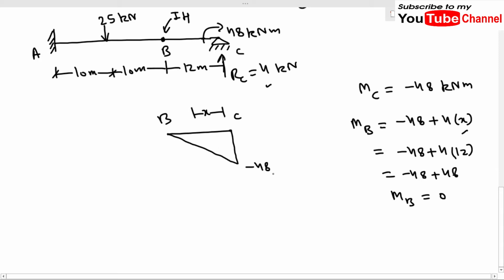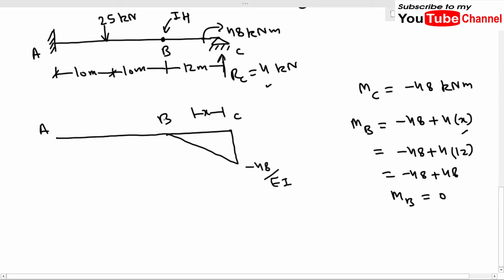Okay, as we usually do, we divide it by EI to change it to M by EI diagram. Okay, now let us draw the bending moment diagram for the remaining portion of the beam. So this is our AB. So at B we have a reaction of 4 kilonewton.